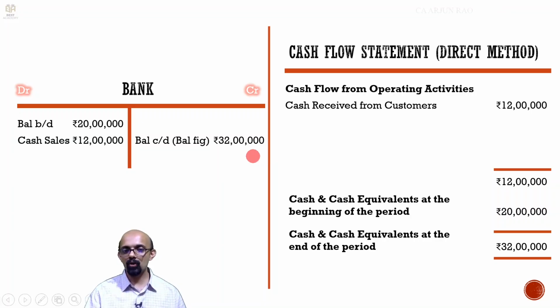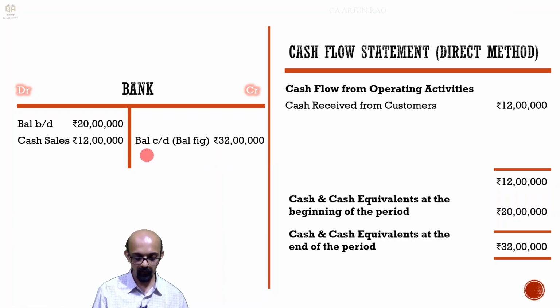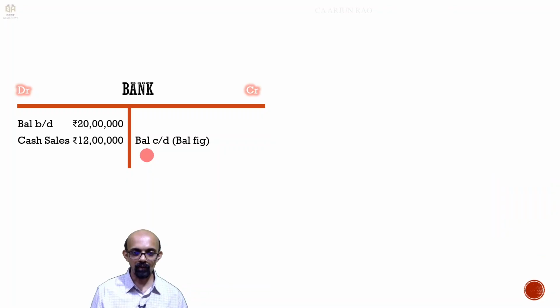So when we report it at the end of the year, let's say that this amount is 30 lakhs instead of 32 lakhs. So we have some money in the bank that is in foreign currency and we restate it at 30 lakhs at the end of the year. We report it at 30 lakhs. So how would we account for the difference as per Ind AS 21? That would be a forex loss of 2 lakhs.